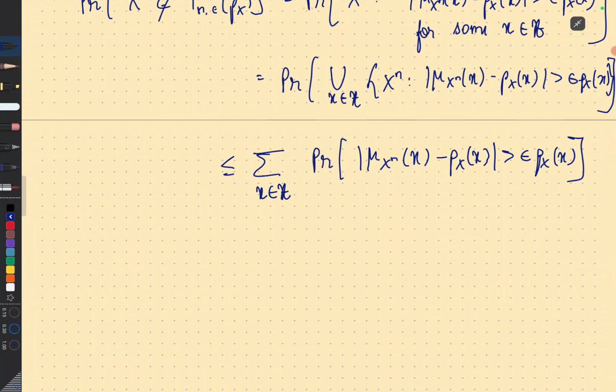Why go for Markov? You can use Chernoff, right? What is mu_{X^n}? It is essentially a sum of indicator random variables.